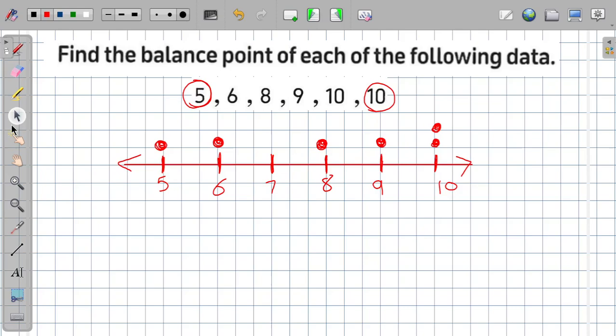Okay, so first I will move the points to make this dot plot symmetrical. First I will move this point to here and this point to here.